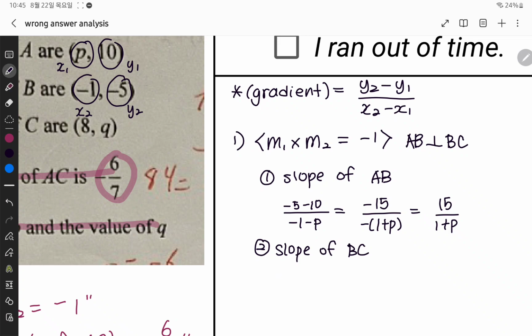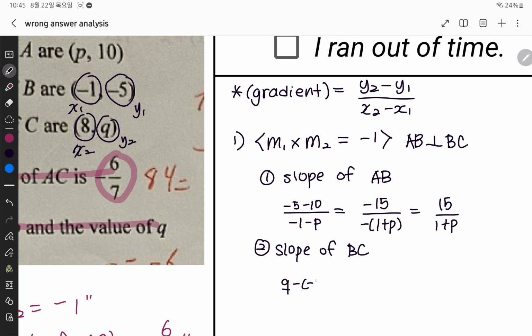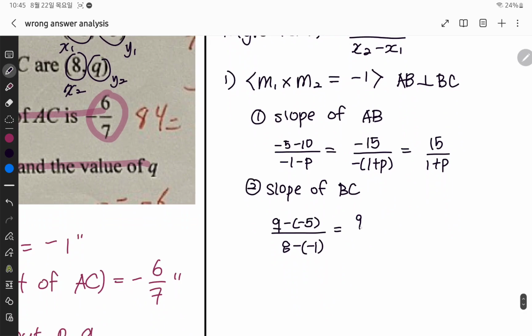So the slope of BC, in this case, Q is going to be my y2, and -5 is going to be my y1, and 8 is going to be my x2, and -1 is going to be my x1. So plug it into the formula. I'm going to get Q minus -5 over 8 minus -1, and that's going to give me Q plus 5 over 9, right?